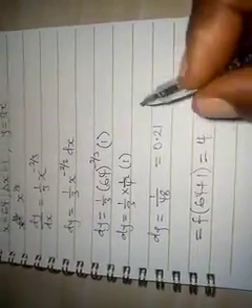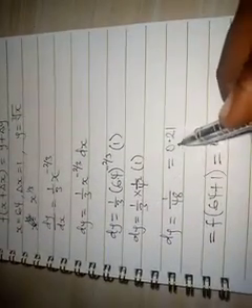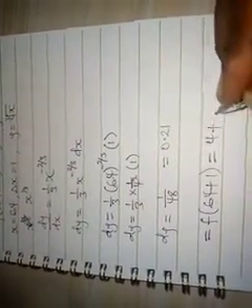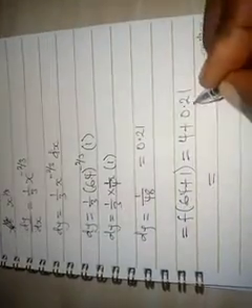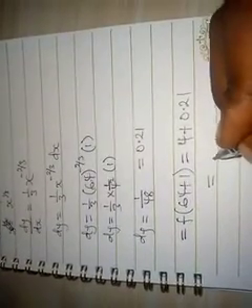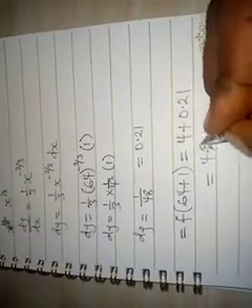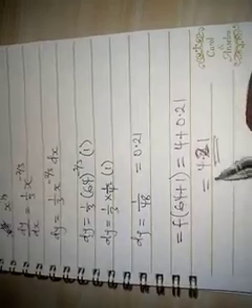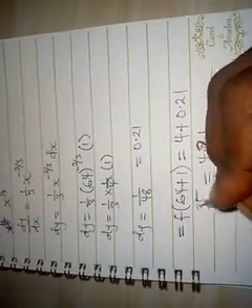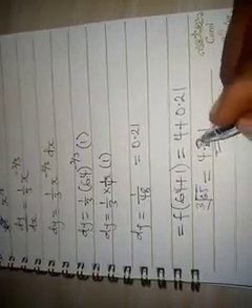Plus dy, which we got to be 0.21 approximately. So if we add it, this will get 4.21. So the cube root of 65 is 4.21.